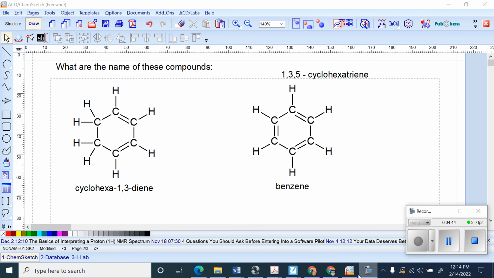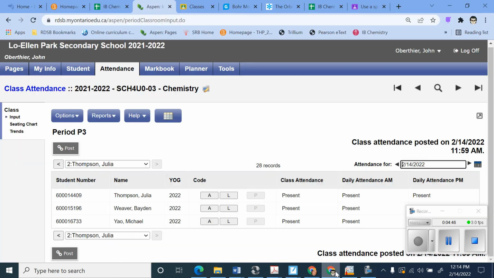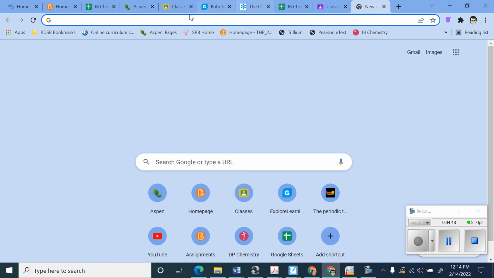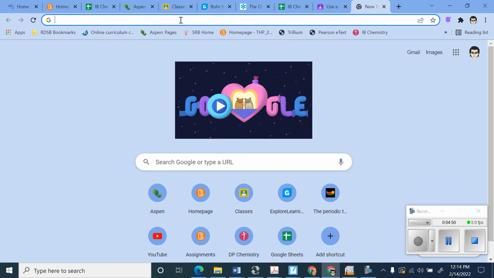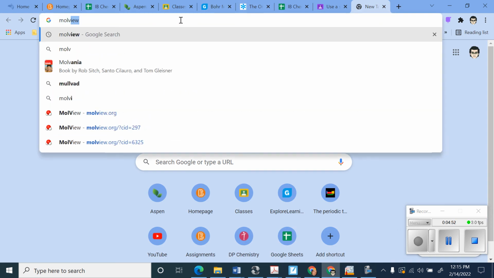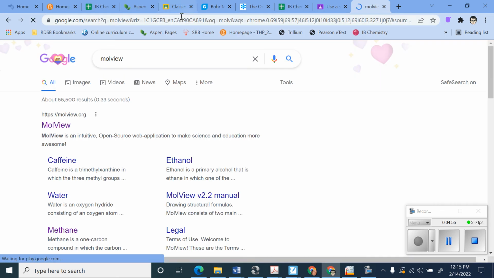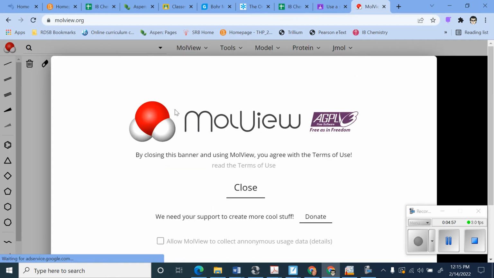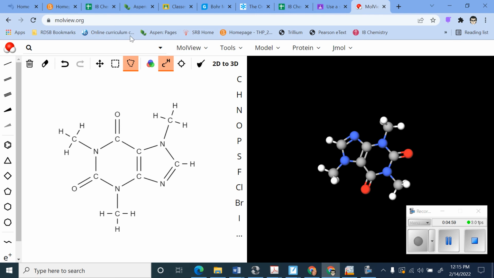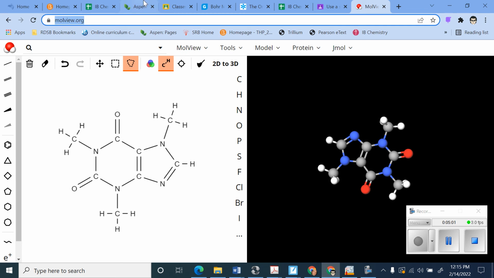Another way to do this is in something called MolView. I'll put a link to that on our classroom.